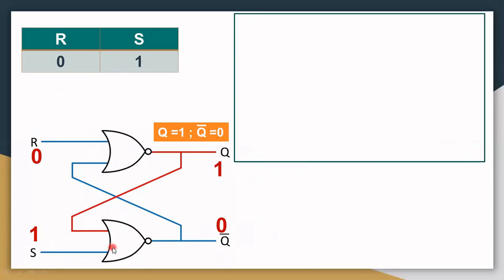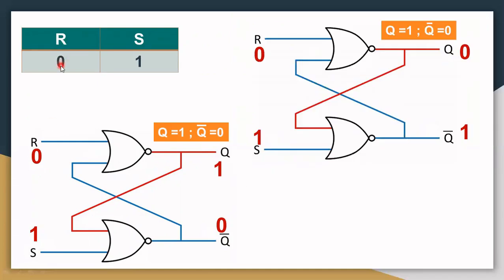So this triggers this NOR gate, 1 from here, 1 and 1 to OR gate gives 1, NOR gate inverted output of this OR gate, that is 0. 0 here and 0 from R, 0, 0 gives an output 0 to OR gate, inverted to NOR, that means 1. So we get 1. Therefore, Q is equal to 1 and Q dash is equal to 0. When we are giving R is equal to 0 and S is equal to 1, we get Q is equal to 1. That is the important point. Here also Q is equal to 1.